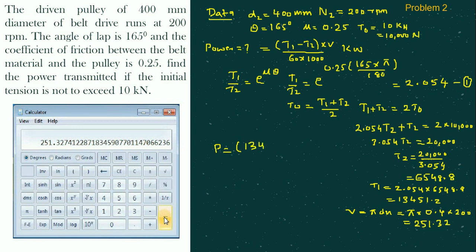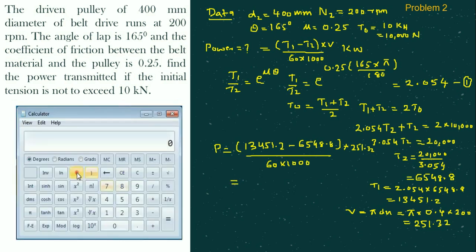Now everything is there for us to calculate the power. Power is equal to nothing but T1, 13451.2, minus 6548.8, multiplied by 251.32. Whole thing is divided by 60 into 1000. So let's calculate this also.